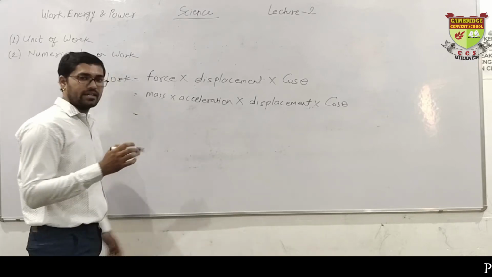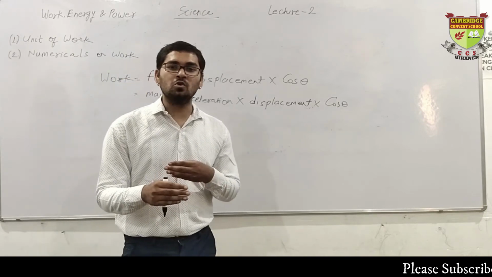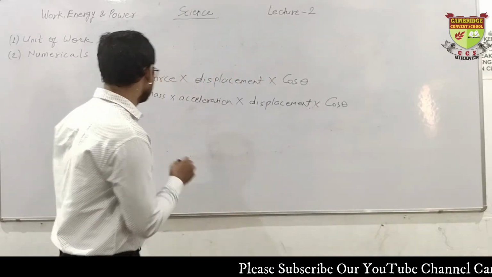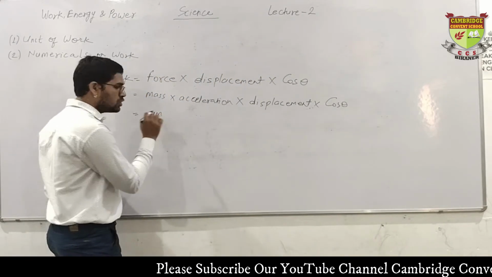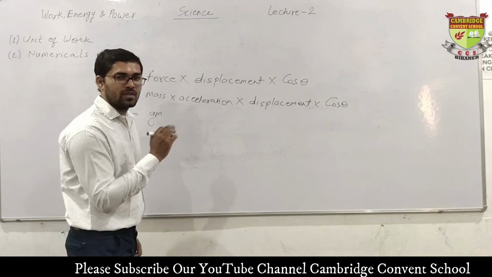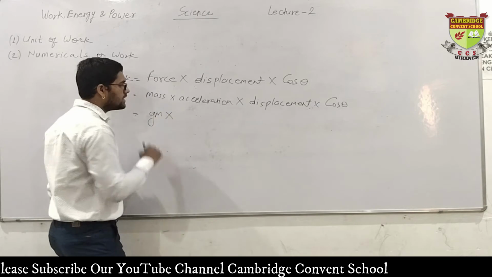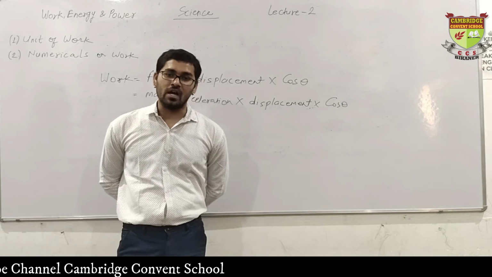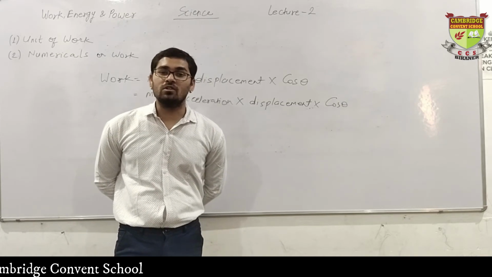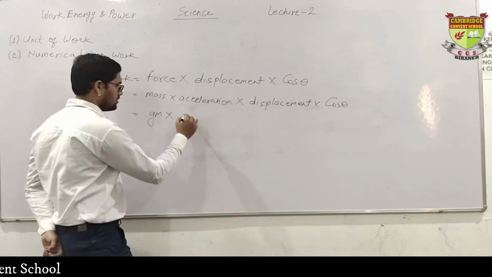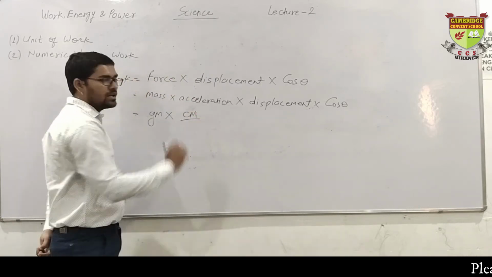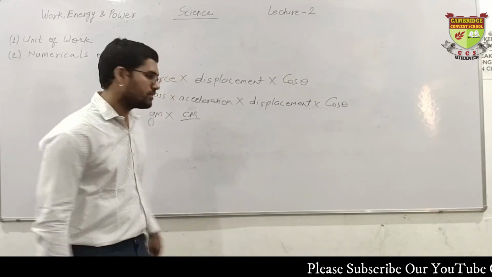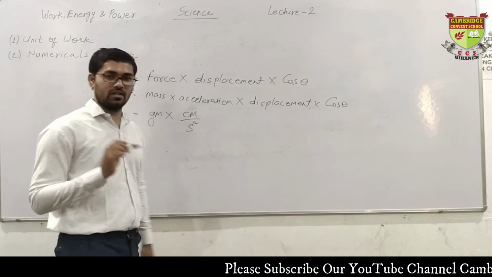Mass is calculated in kilograms, but if I use a smaller unit, I will use grams rather than kilograms. Acceleration was in meter per second square; what is smaller than meter? Centimeter. So I shall use centimeter per second square. Clear?